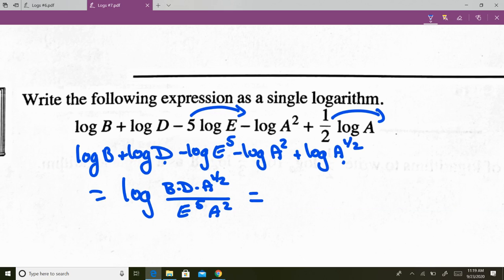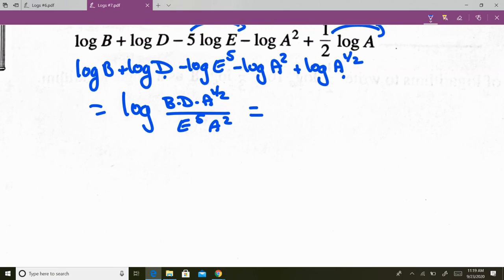Can you simplify this? Does anything sort of simplify? You have a couple a's, right? So if we block out everything else and we just think of our exponent rules, what do I do with these exponents? Subtract them. So you can go off to the side and go 1/2 minus 2. I'm going to do it with fractions. If you're going to subtract fractions, you need a common denominator.